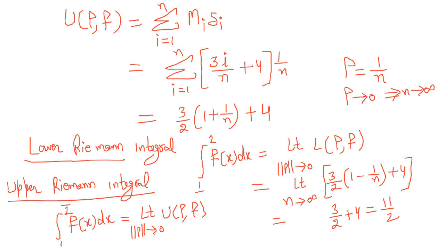Fine. So it will be limit n tends to infinity of 3 by 2, (1 plus 1 by n), plus 4. So it is your 11 by 2. I hope you can do any question now for the Riemann integral.